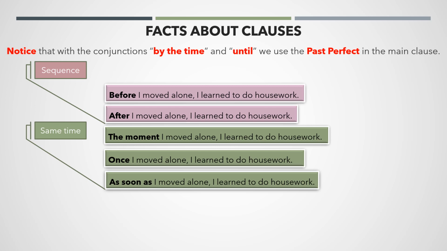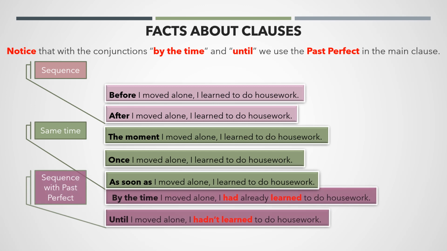The moment is a particular point of time when two events happen together. Once is when one event happens and another event happens soon afterward, immediately. It is the same as as soon as.